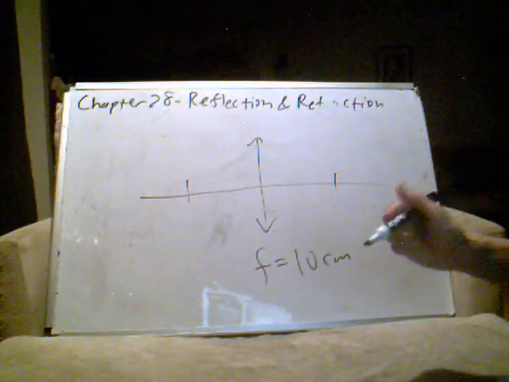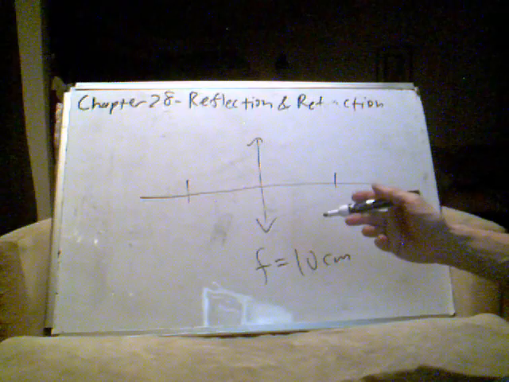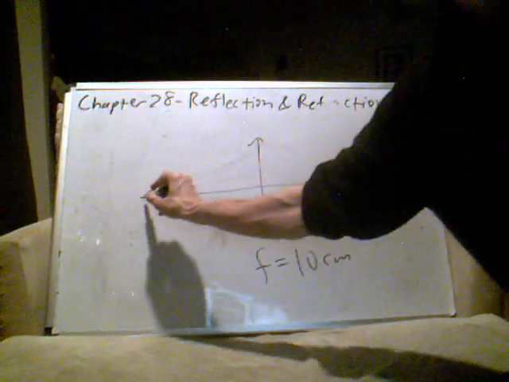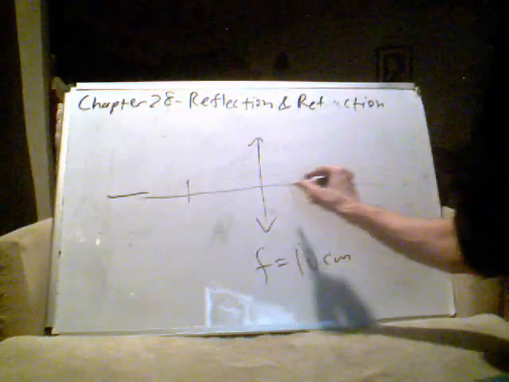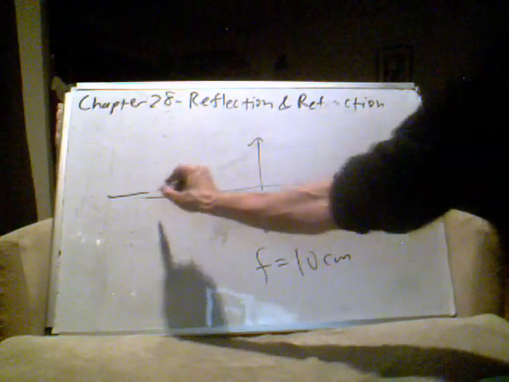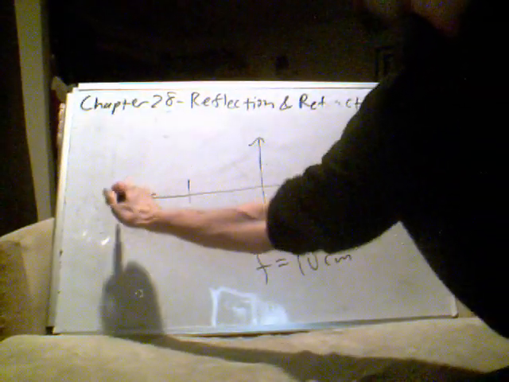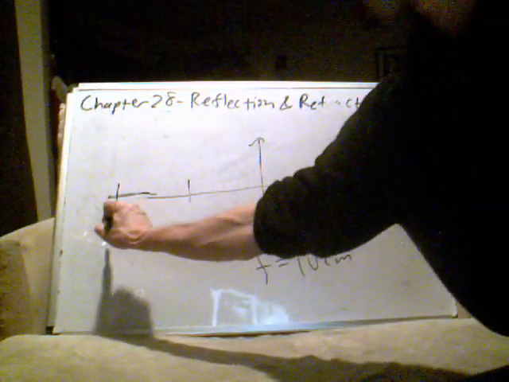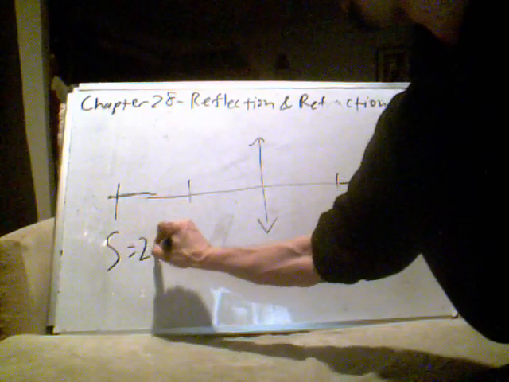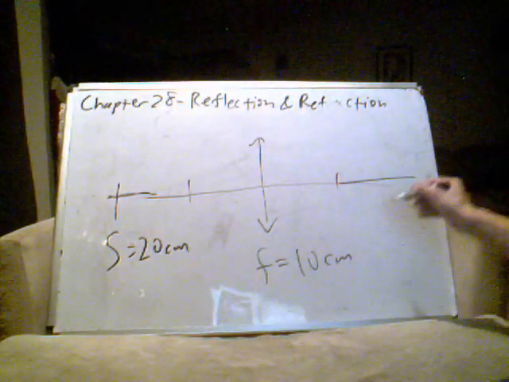But let's say that you've got some object that's not a million miles away, it's much closer, right? So let's say that you have an object here at 20 centimeters from the lens.